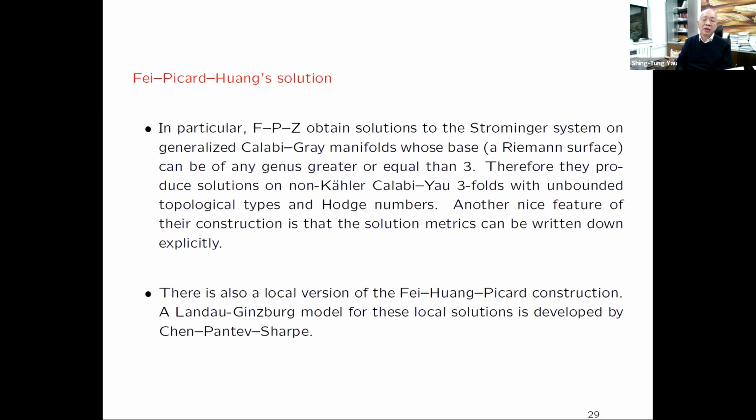So this would be interesting because there are infinite families of them. Well, one can also study a local version of what they did. And this was actually observed and developed by Chen, Picard, and Sharpe using a Landau-Ginzburg model.